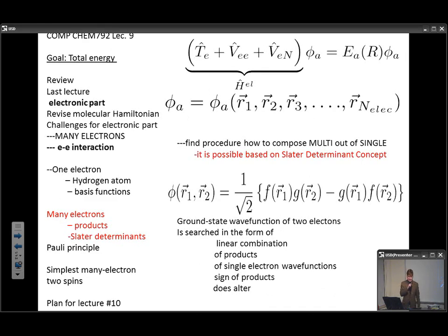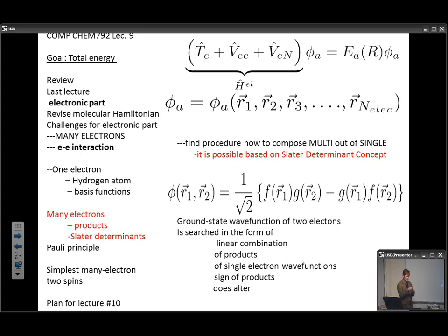Okay, so now we need to be a little bit more formal and set up rules that help to compose the solution, the multi-electron wave function, out of these single-electron building blocks. And those rules are not straightforward. There is a little difficulty because electrons are strange things. They follow some quantum rules, quantum statistics.